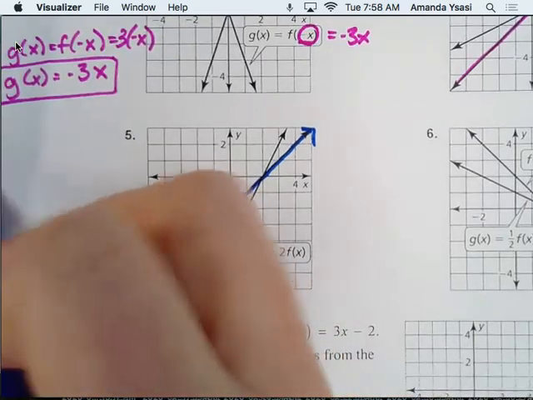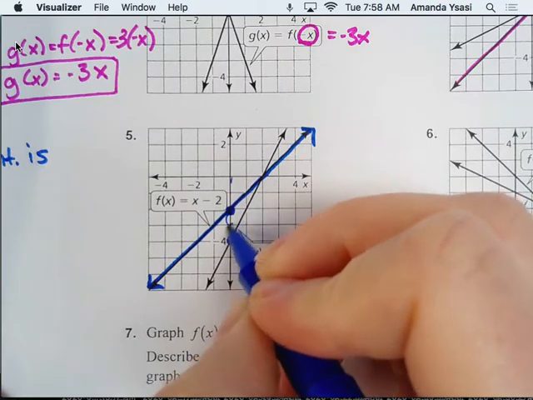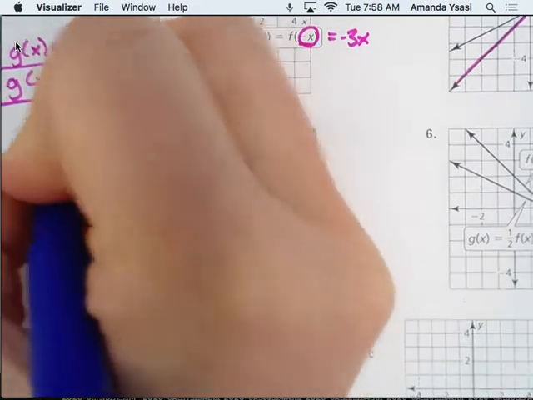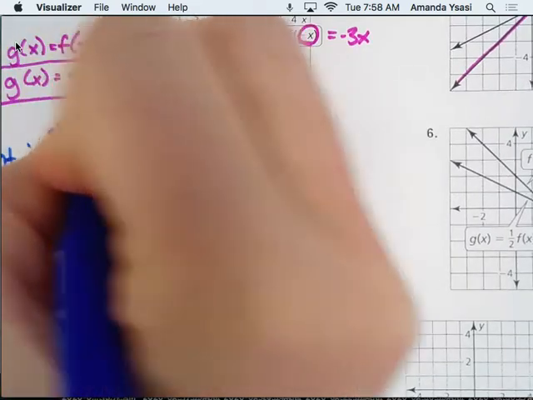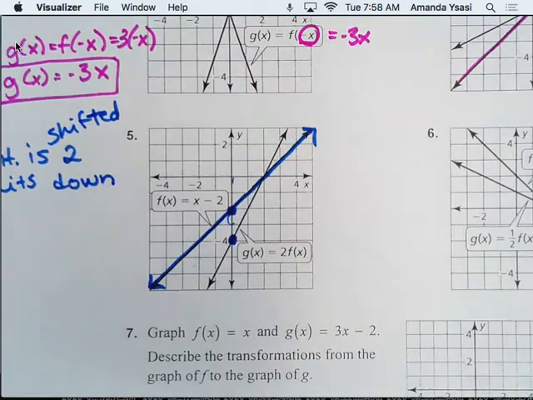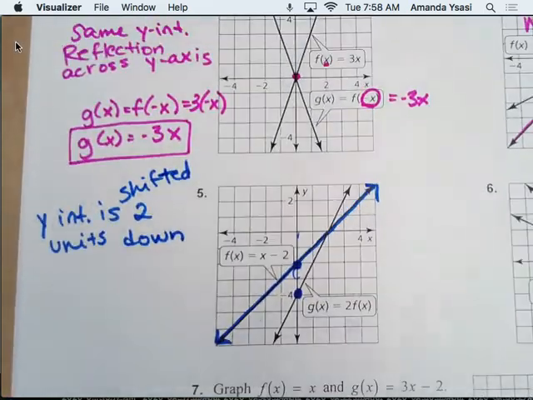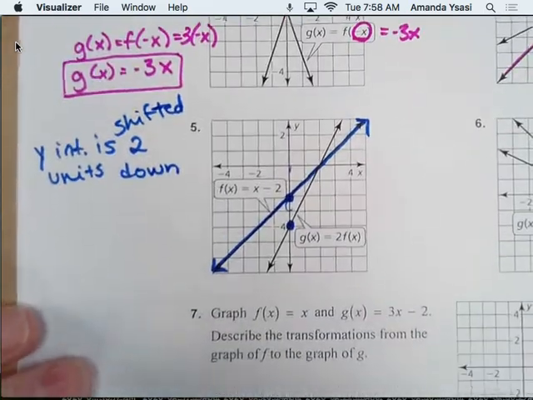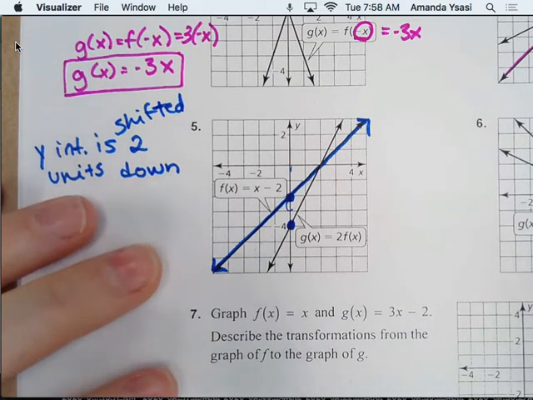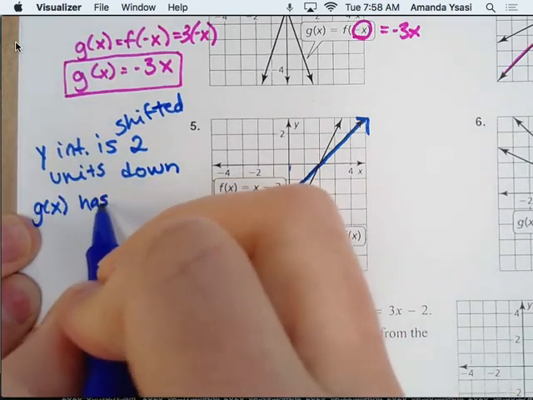The y-intercept is how many units down? 2 units. It is shifted or slid 2 units down. Okay, and then what was the other thing? What about slope? Yeah, so g of x has a steeper slope.